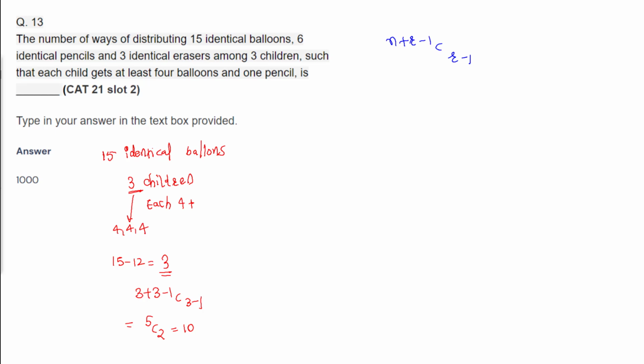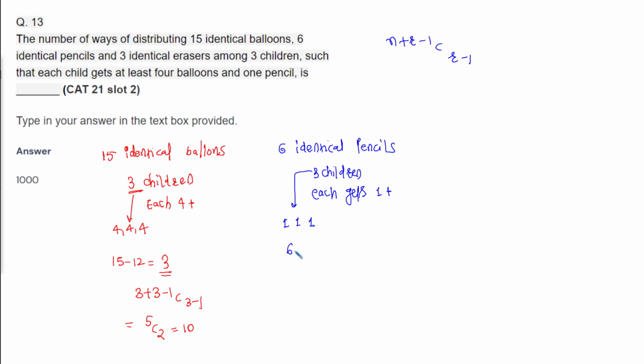After this, the next is 6 identical pencils. Again, there are 3 children. Each gets at least 1. So out of these 3 children, we will give 1 identical pencil to each.